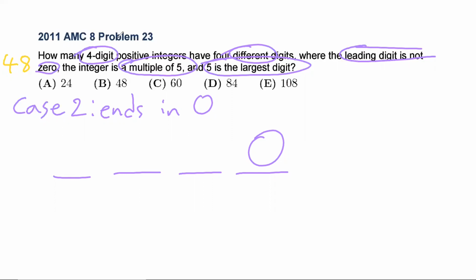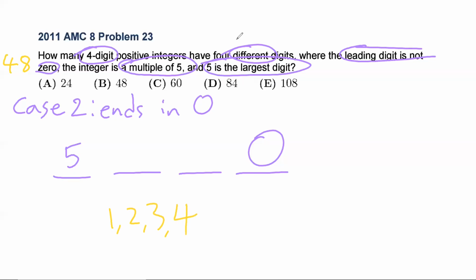So let's say, for example, we put the 5 here, because we know we have to have a 5. Well, then how many other numbers possible are there? Well, we've already used 0 and 5, and there can't be numbers more than 5. So that means it's either 1, 2, 3, or 4.